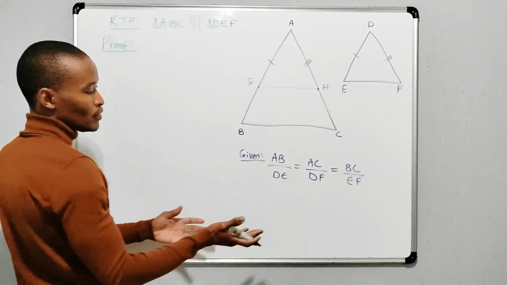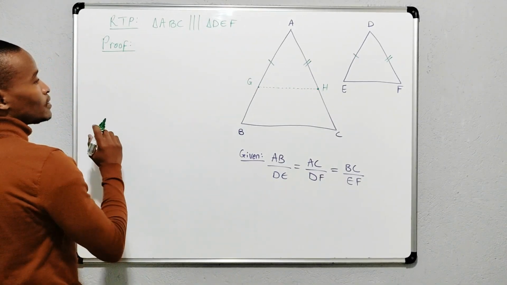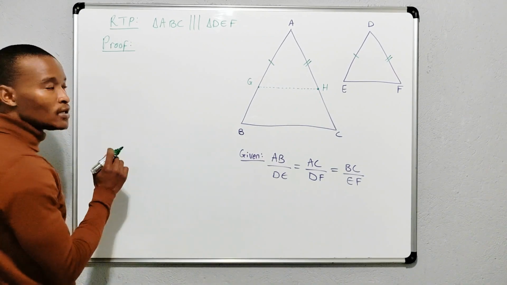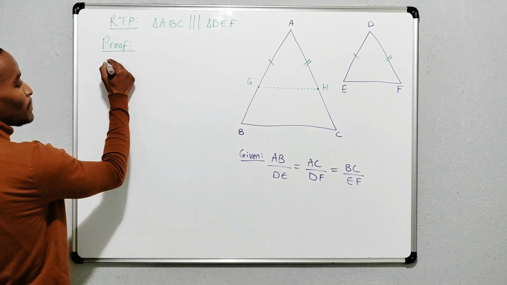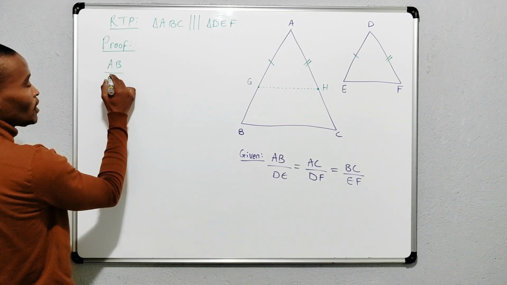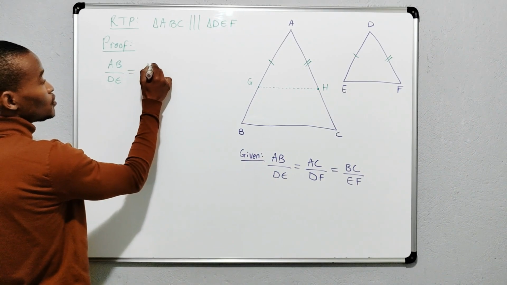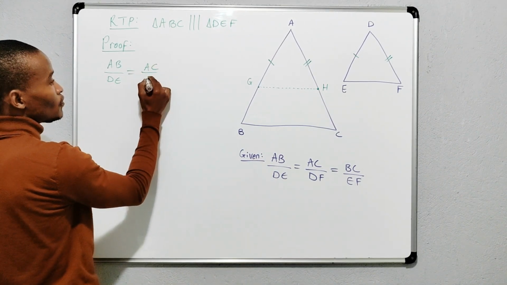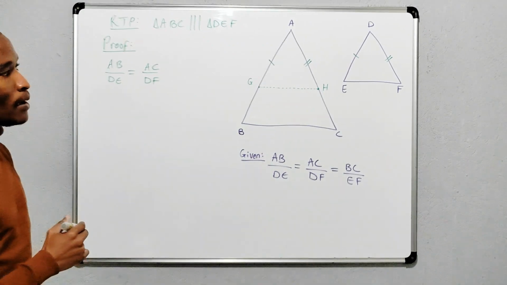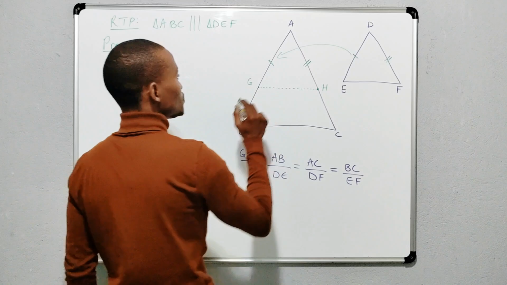In our proof, obviously, we want to start with what's given and by construction see how we can include that. So we know that AB over DE is equal to AC over DF. But what did we say about DE? DE is equal to AG.